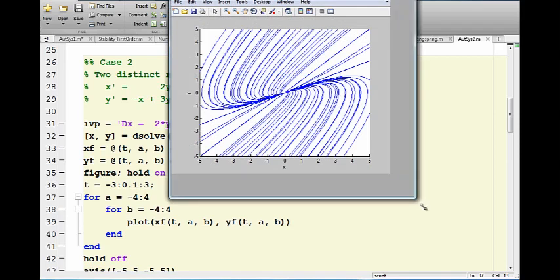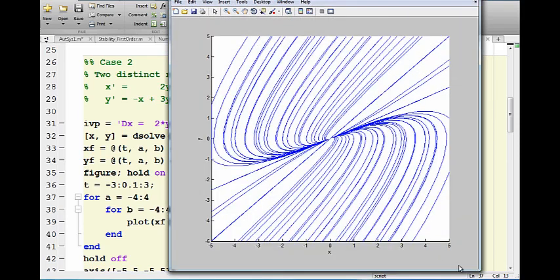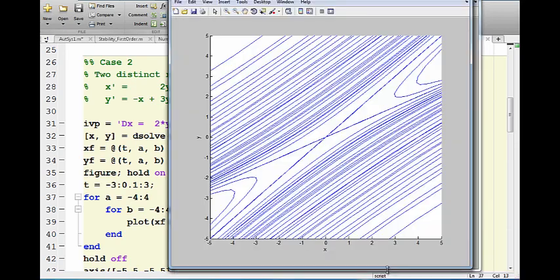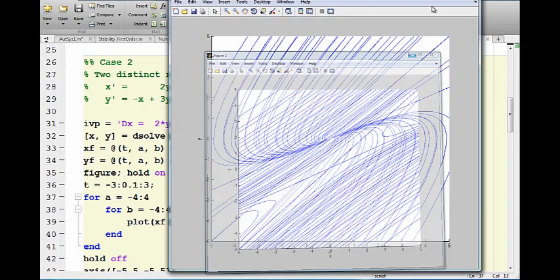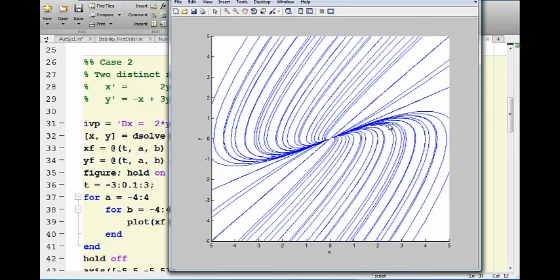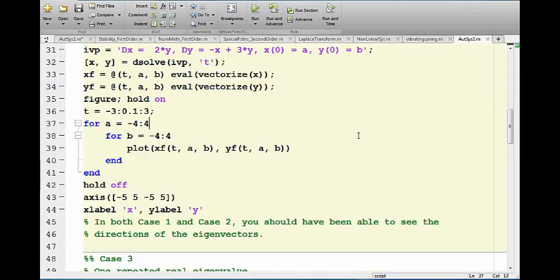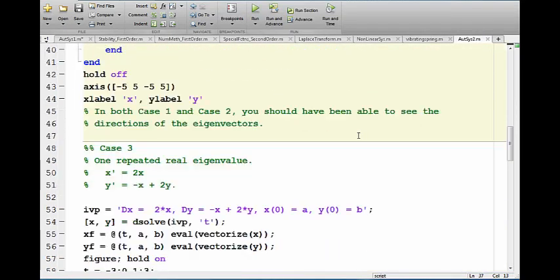And there we go. You can see the two eigenvectors here and here, and incidentally you can also see them in the first case. There's your two eigenvectors. So you can see the eigenvectors in both cases. The other ones were the saddle curves. This is sort of the half U-shaped curve. Let's run to the next case.